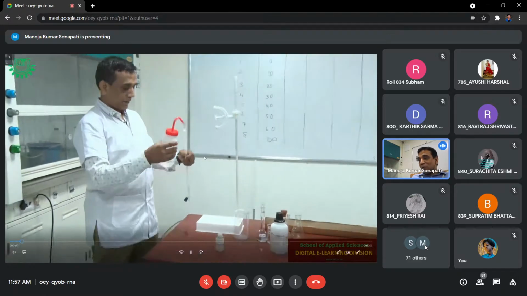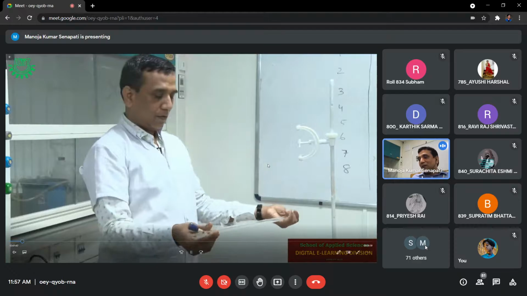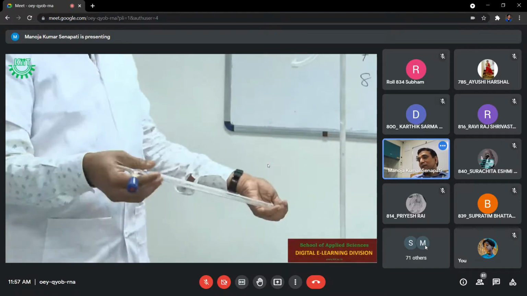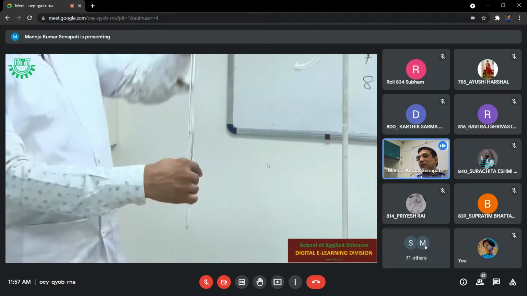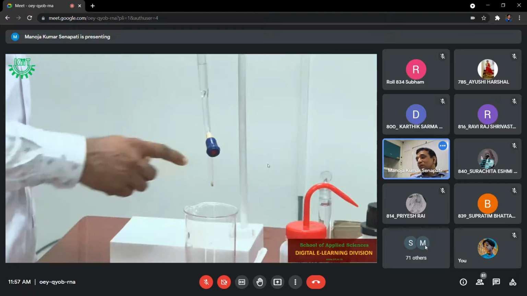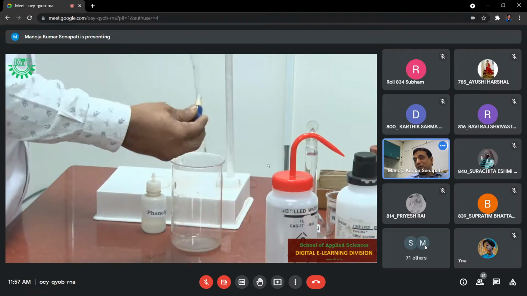So first you see how we are doing. The regular practice: you have to wash the burette, pipette and conical flask thoroughly with distilled water. And in the burette, you are going to take the sodium hydroxide solution. So you must rinse the burette with the sodium hydroxide.